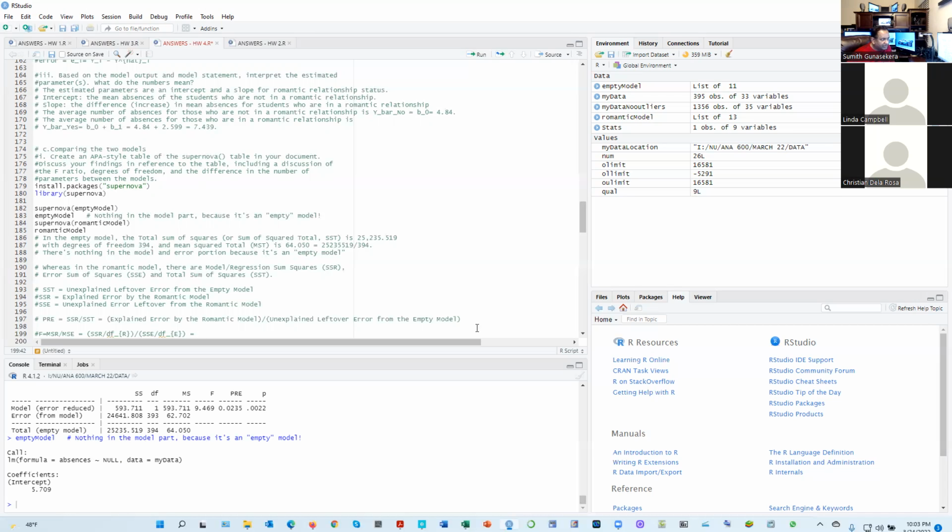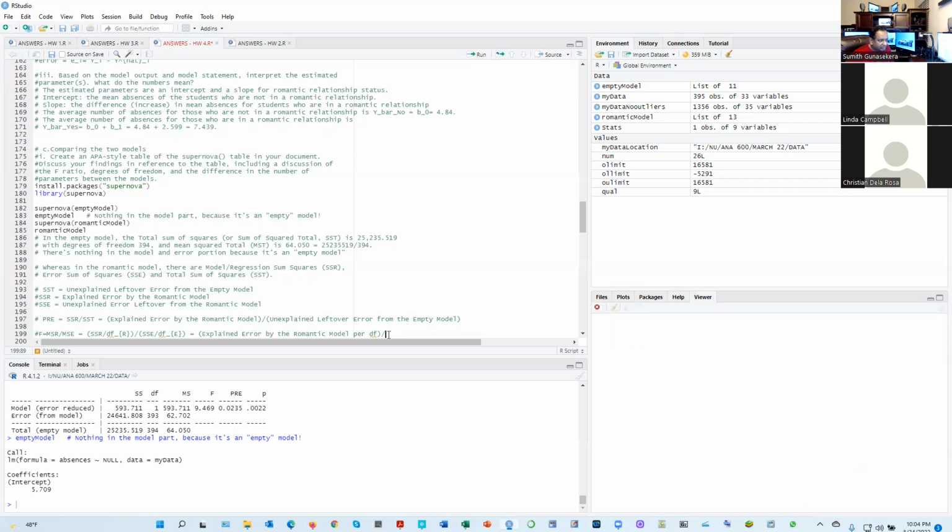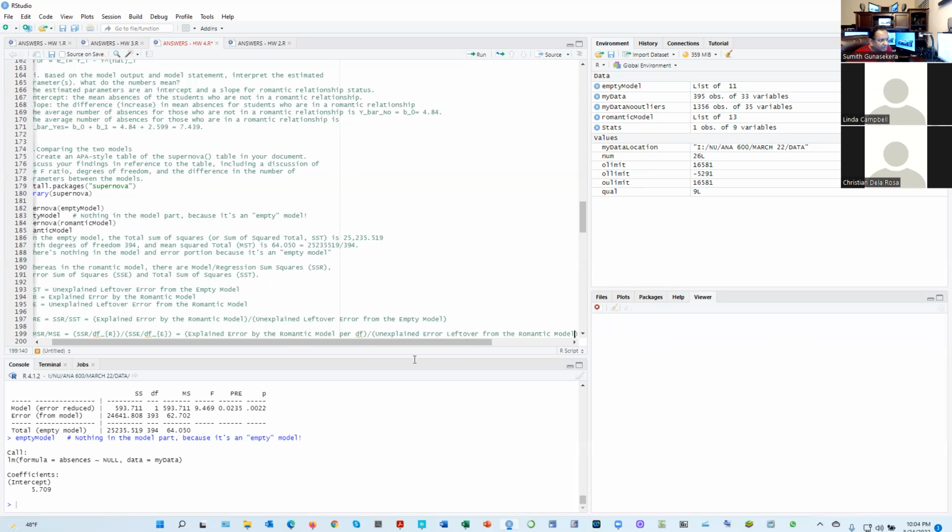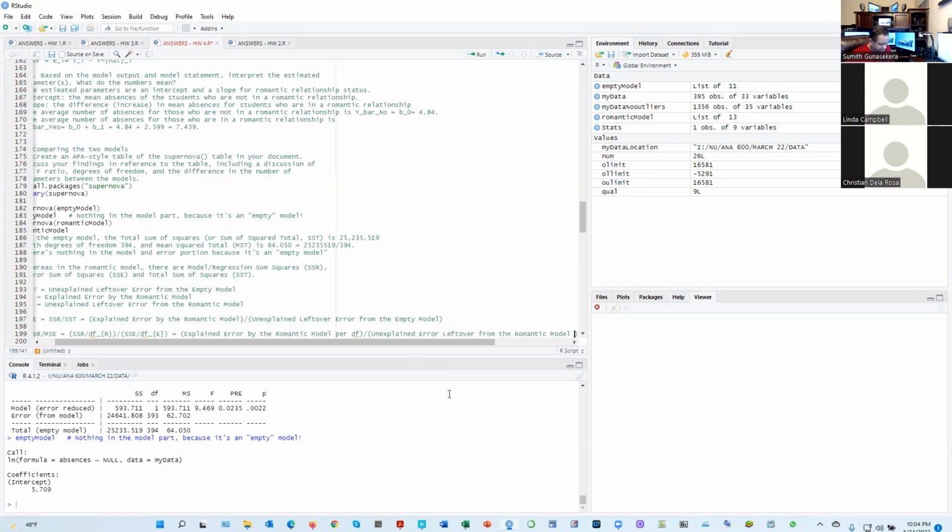Which means SSR is the explained error per degrees of freedom, divided by the unexplained leftover error per degrees of freedom.